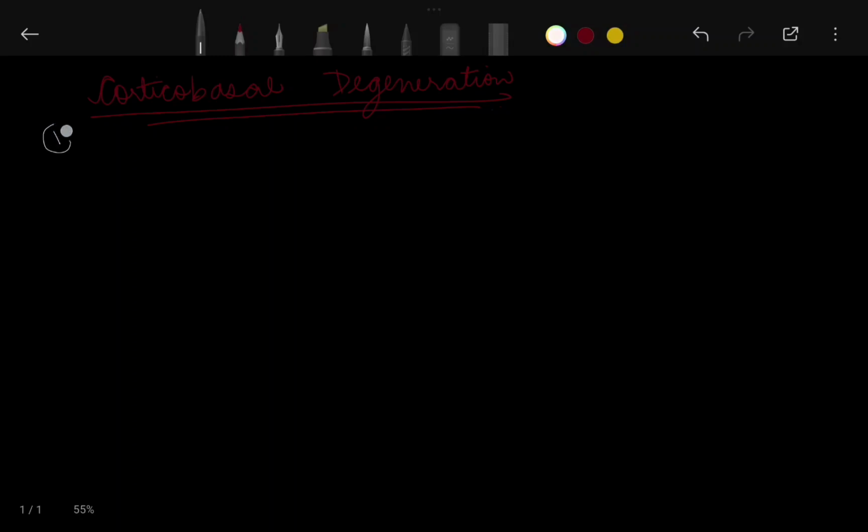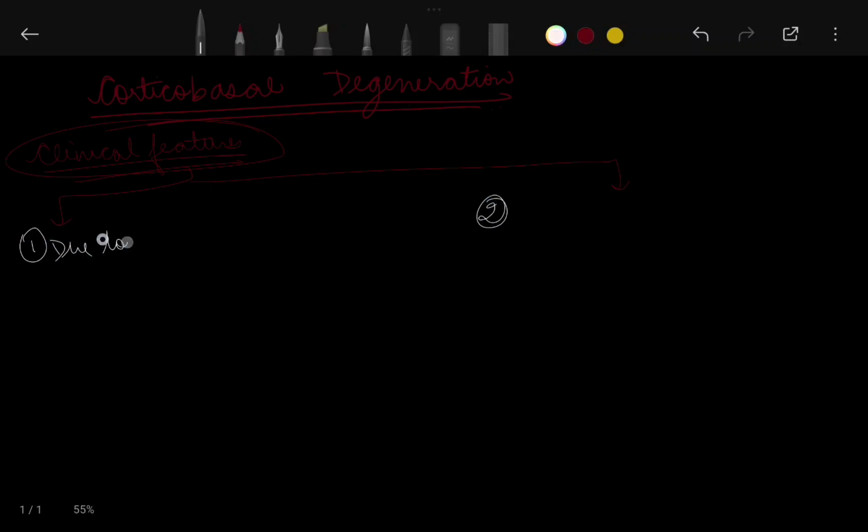And now, what are the clinical features in these cases? In clinical features, we can divide it into two parts.